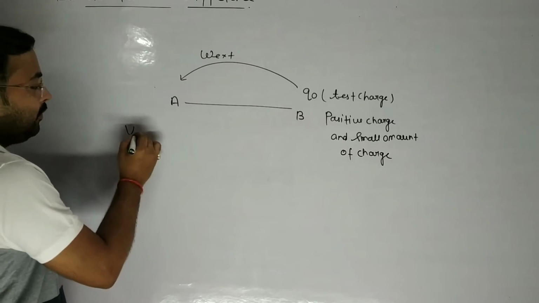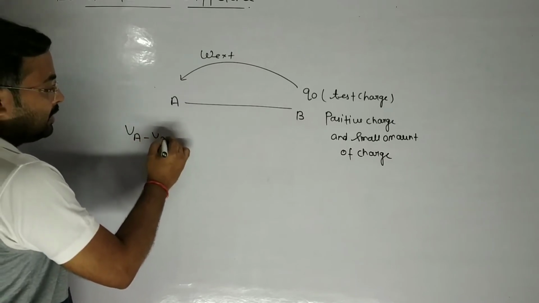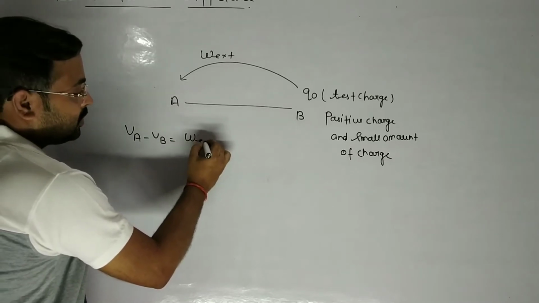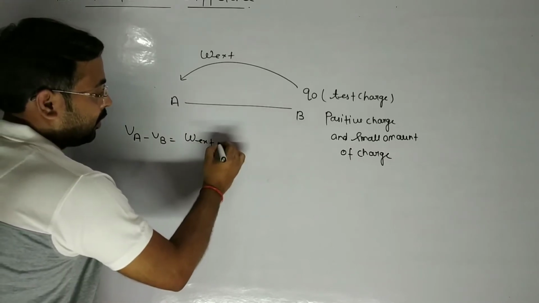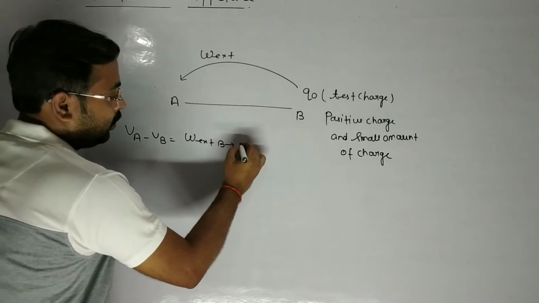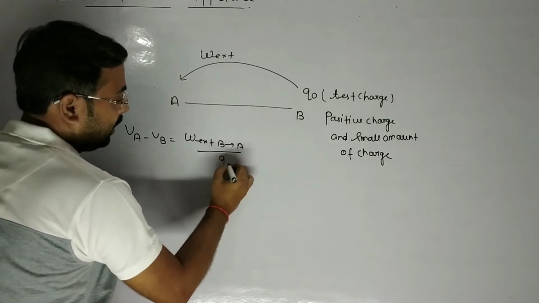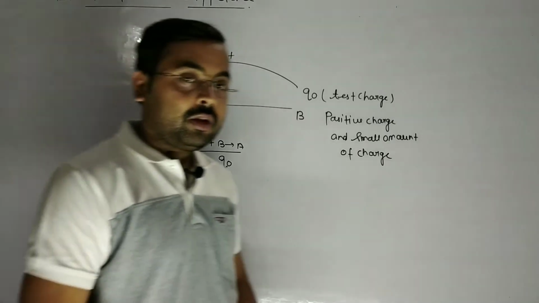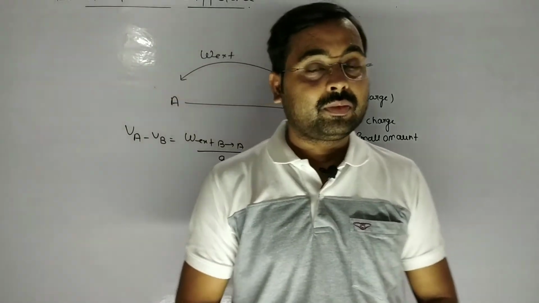Then VA minus VB equals W external from B to A upon Q naught. What is the definition?